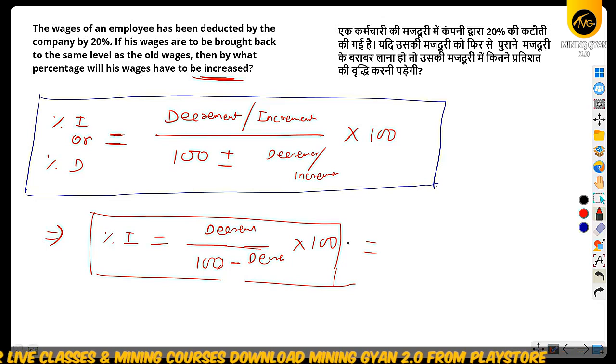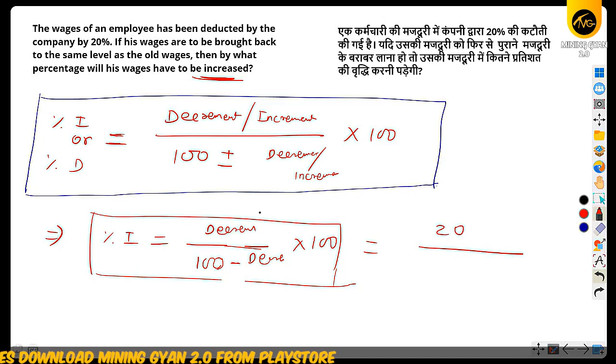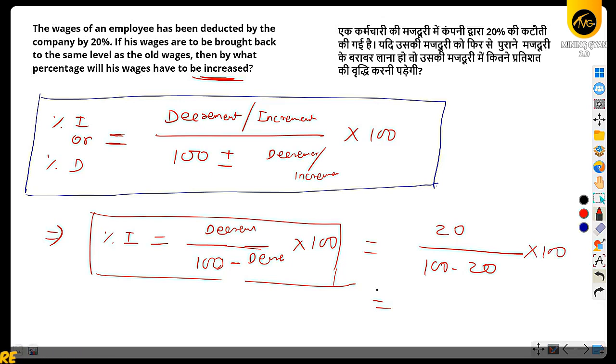Now decrement is equal to 20%. कितना कम किया गया है, 20% कम किया गया है. So divided by 100 minus decrement 20% into 100. So just solve the problem. 20 divided by 80 into 100.